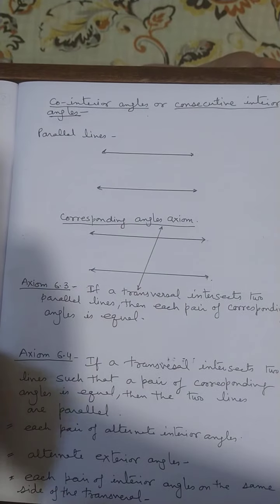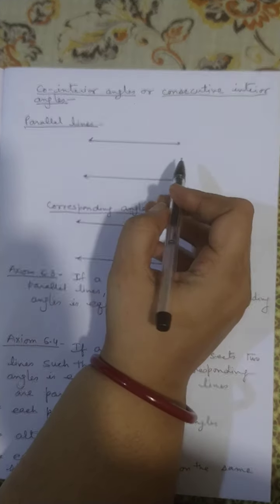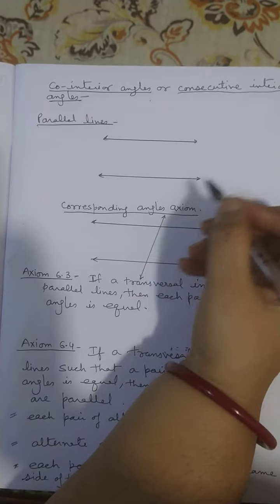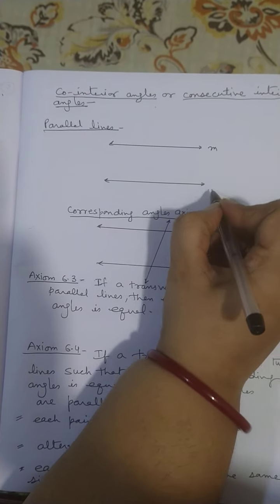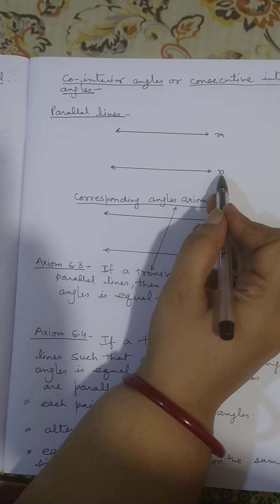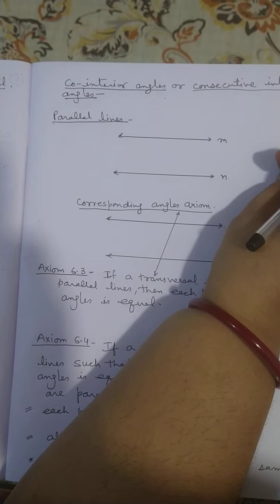Next is parallel lines. You have studied before also about parallel lines. The lines which never intersect, or which never meet at any point, are parallel lines.